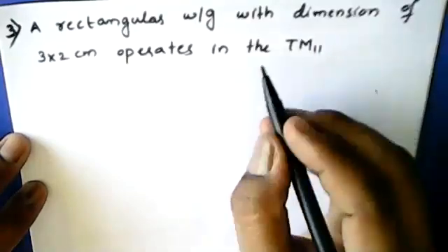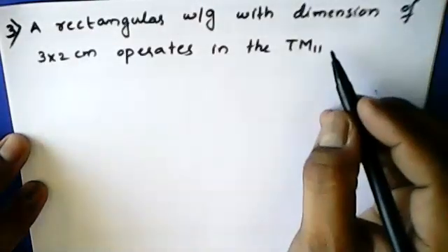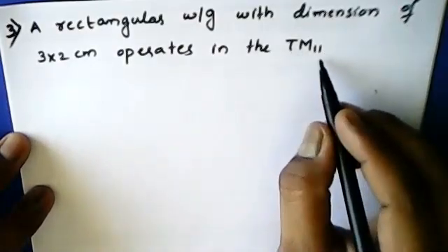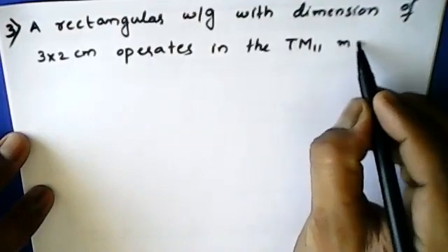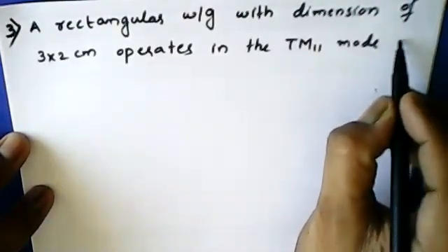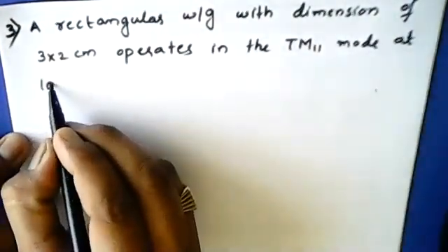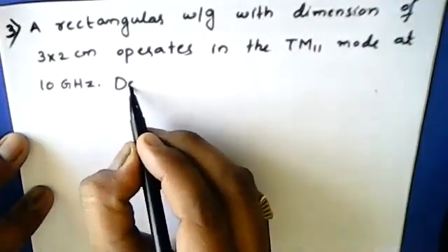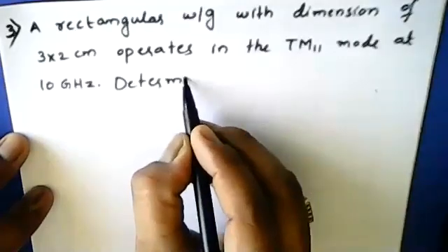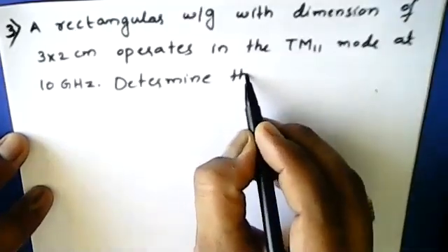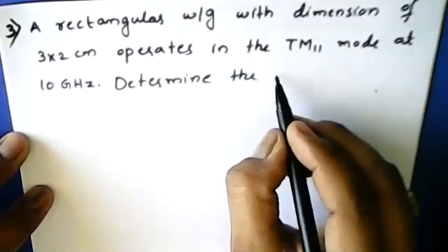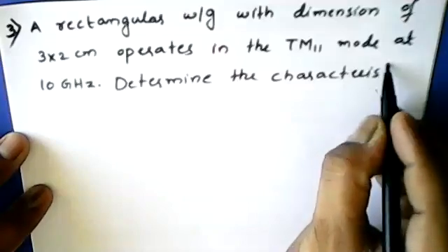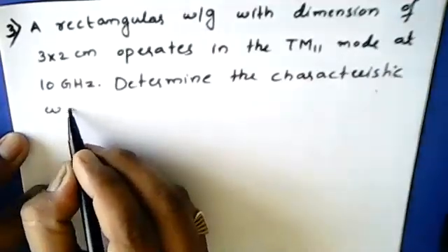If it had been given as the dominant mode, you would have made use of TE01. Now it has been specially mentioned as TM11, so you have to use TM11 mode only. Determine the characteristic wave impedance.